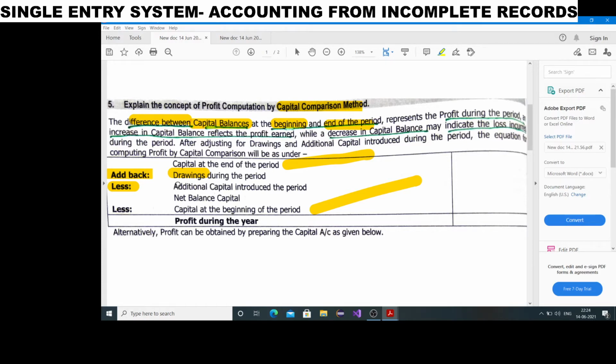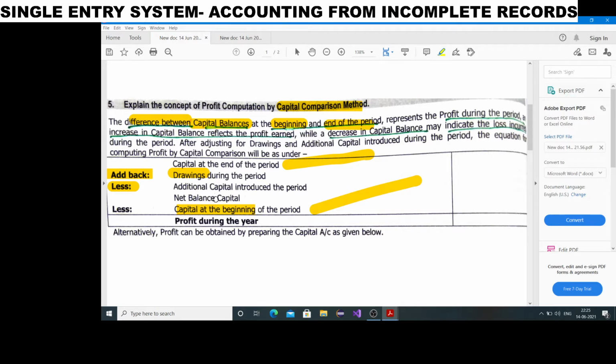We reduce this because it was not present earlier in the business. So we have to arrive at the opening capital. Capital at the beginning of the period is the opening capital. To come to the opening capital, we have to reduce the additional amount of capital which we invested, because this wasn't there in the business earlier.